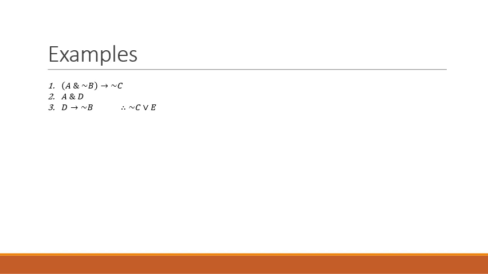We've got A and not B, arrow not C, which is a complicated looking sentence. We have A and D, we have D arrow not B, and what we're trying to get is not C or E. This is going to take a little bit longer, but I'm going to go quickly through this because I'm running out of time.